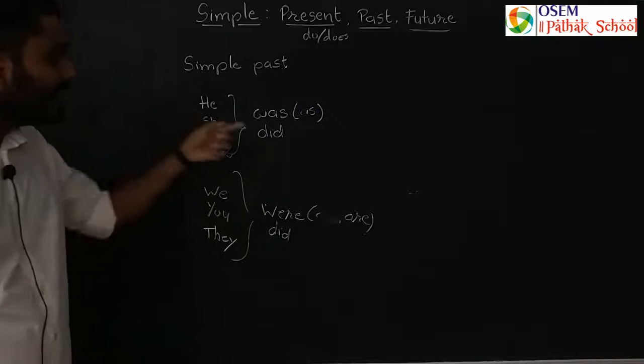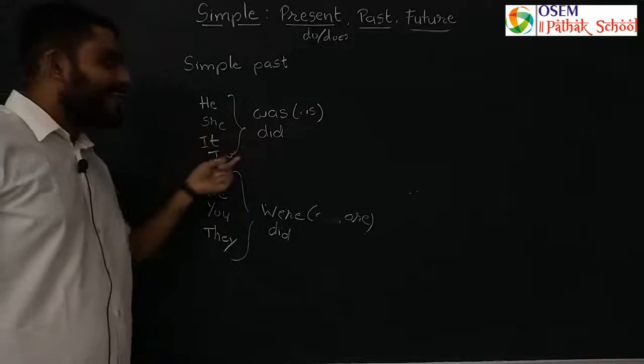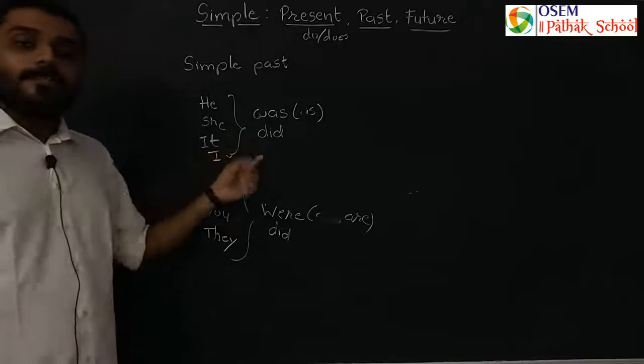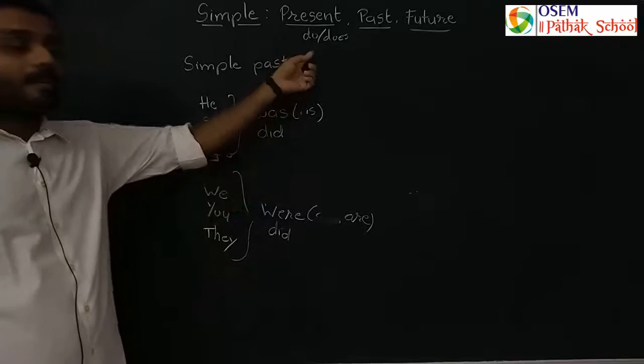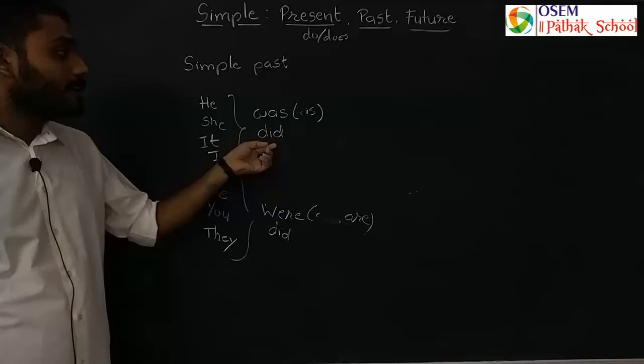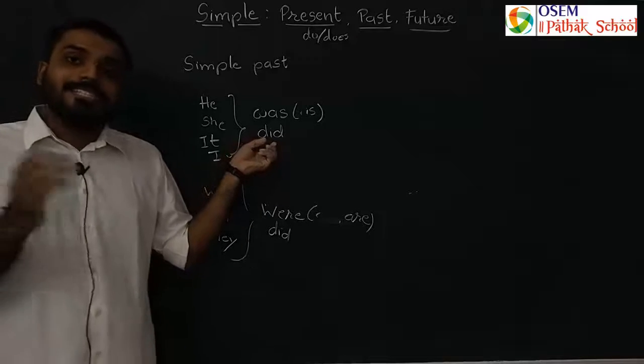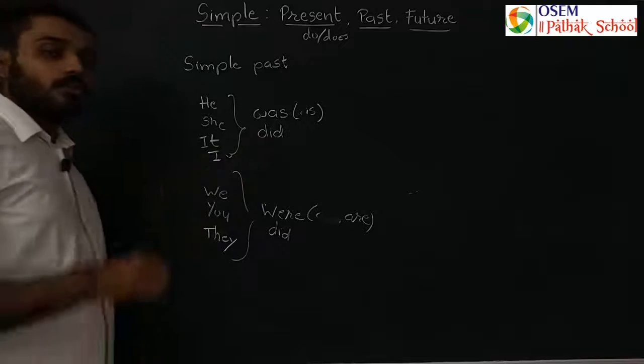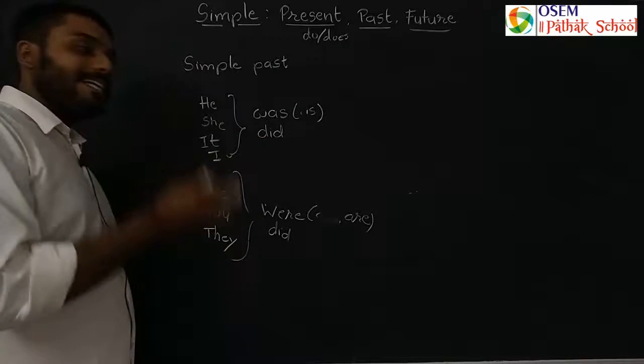So she did, he did, it did, I did, we did. do और does को हमें चेंज करके पास्ट में बनाने के लिए हमें do and does के जगह पे did यूज करना पड़ेगा. So do does को हम चेंज करके did लिखेंगे.